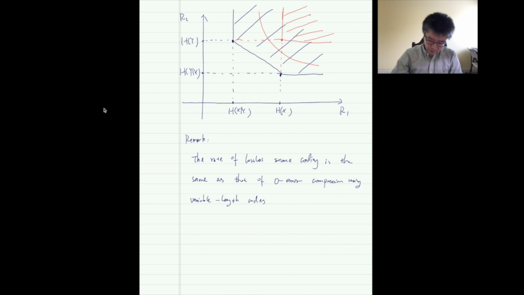However, for the distributed source coding problem, this is not true anymore.